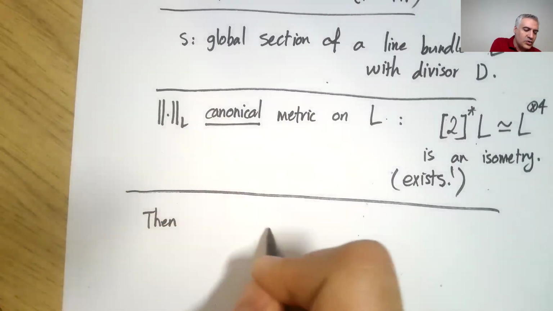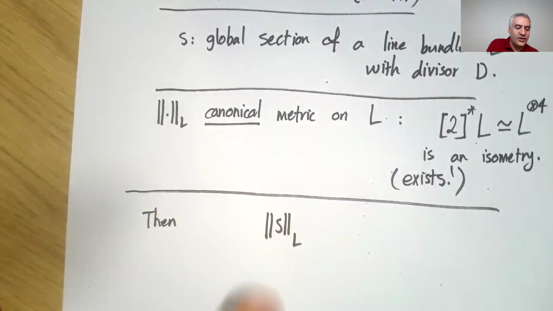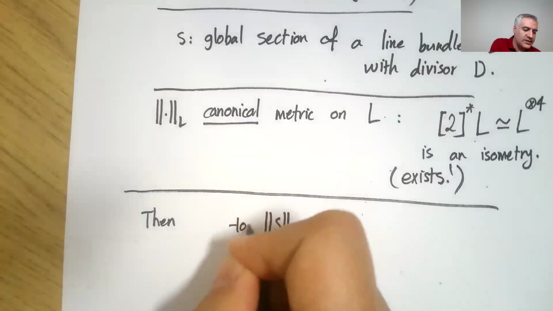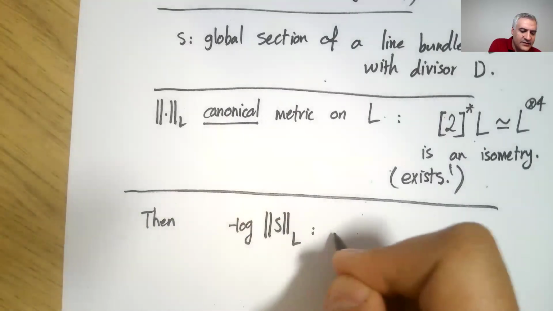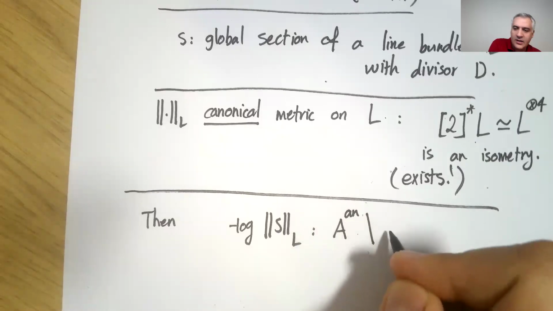I had a section, I have a metric, so I can compute the size of the section with respect to that metric, and for some reason I'm going to put a log. This gives a function from the entire analytic space.